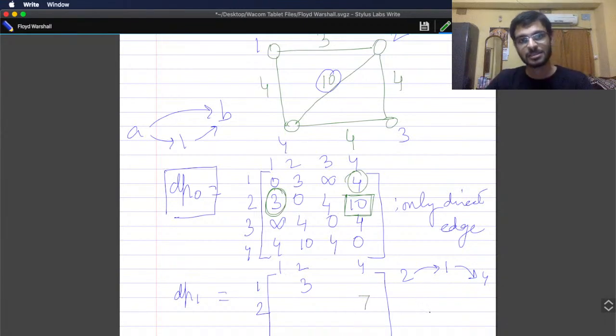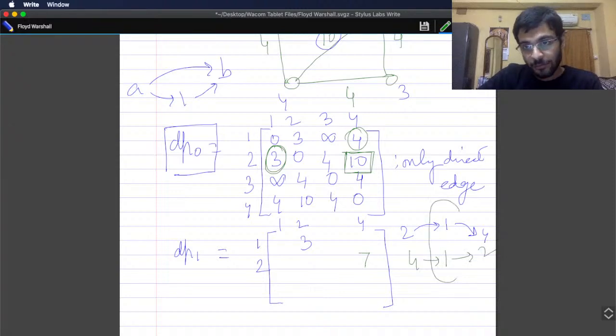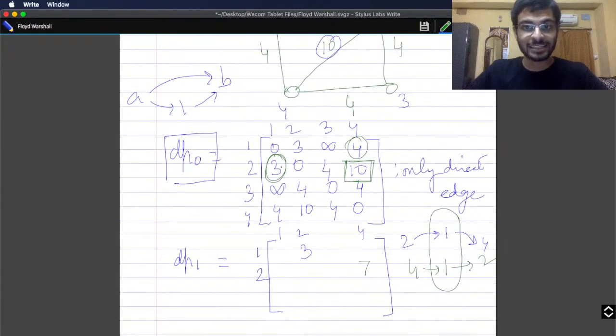Makes sense? Similarly from 4 to 2 we can use 4 to 1 to 2. So over here we are allowing the first vertex, which is vertex 1, to act in between. And you can do this by adding these two things.